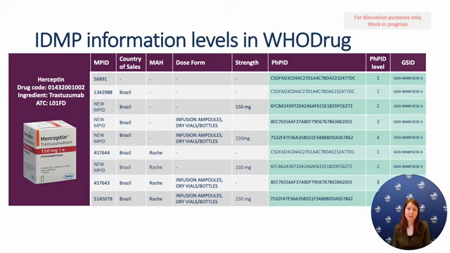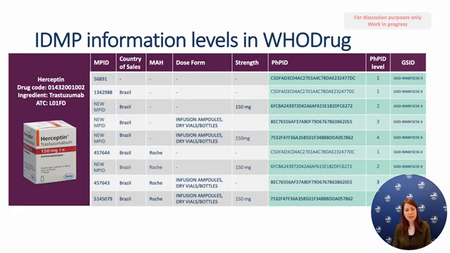That includes information levels limited to drug name, ingredients, and ATC codes, and information levels based on country of sales, marketing authorization holder, pharmaceutical forms, and strength. And this is to allow accurate drug coding that can reflect what was actually reported on an ICSRs.